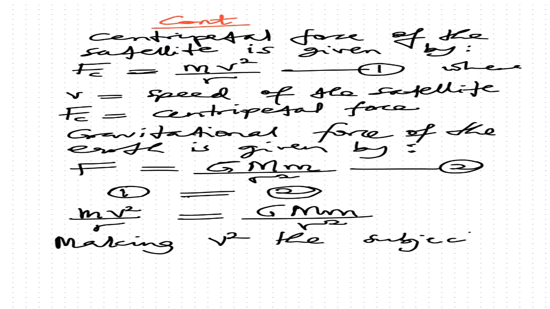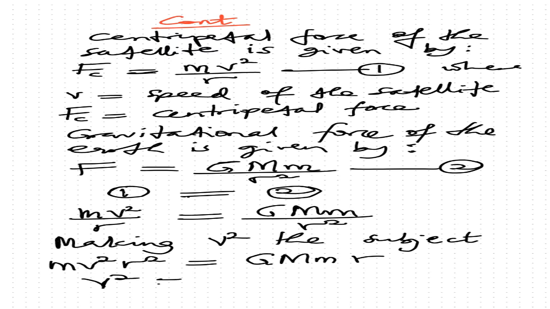We cross multiply and we get mv squared r squared equals GMmr. Is that clear? And for v squared, we divide both sides by m r squared. And this gives us what?